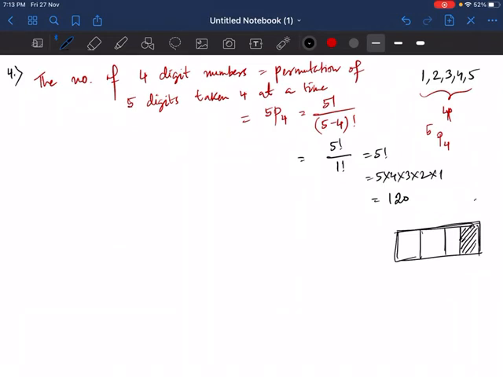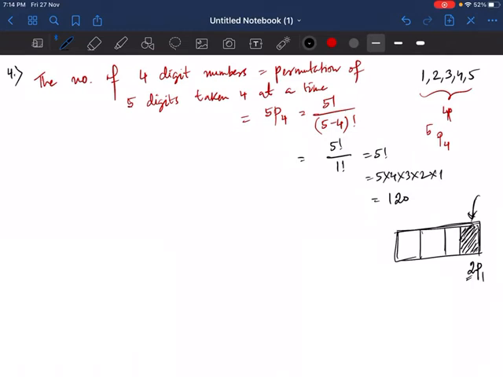So how many ways can we fill the units place? There are two even numbers here, 2 and 4, and only one place, so we can fill the units place in 2P1 ways, right?